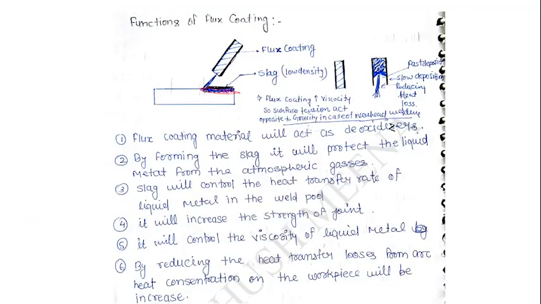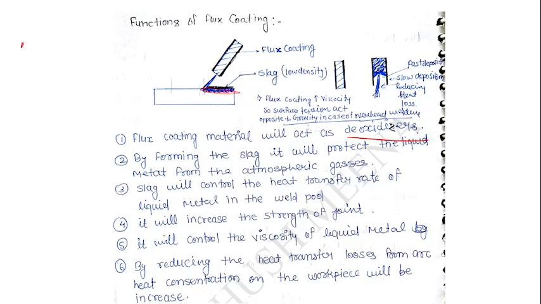Now let's see the functions of flux coating, which is important. Apart from reducing the arc blow, what other function does flux coating do? First, it works as a deoxidizer. Suppose your molten metal is there, it will start forming oxide in the atmosphere.